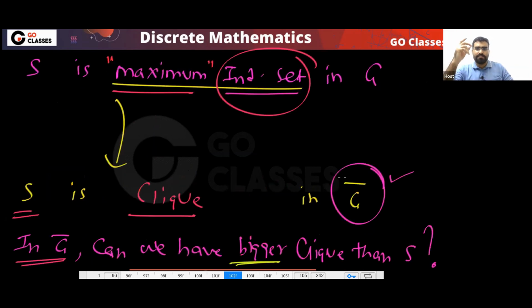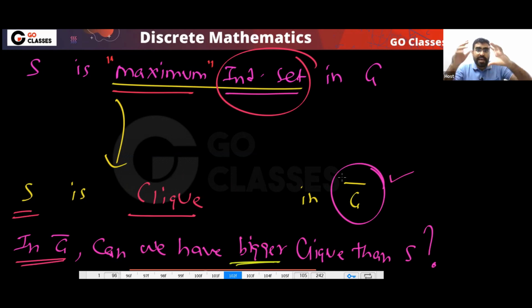The idea is like this. In graph G, you have a maximum, largest independent set. Independent set means pairwise non-adjacent, so in G complement they will become pairwise adjacent, a clique.